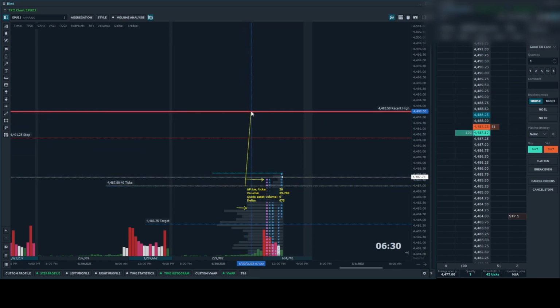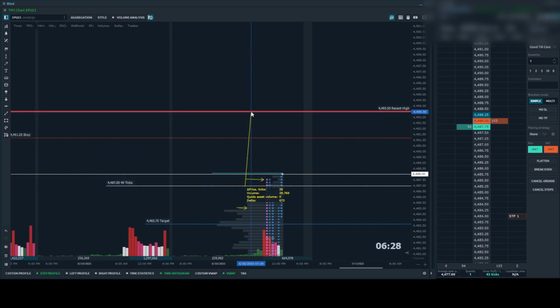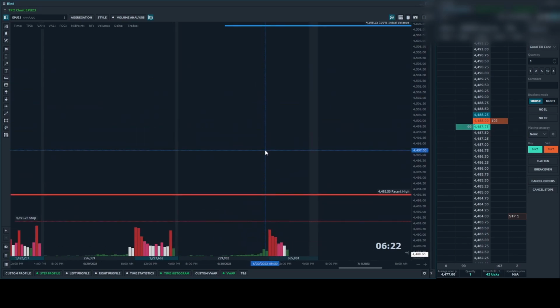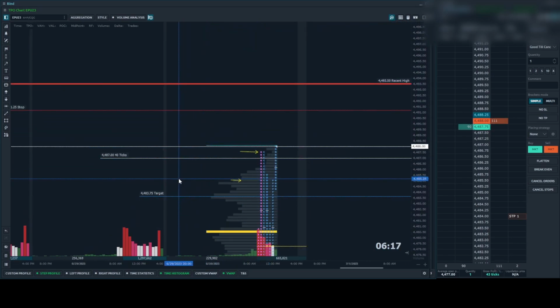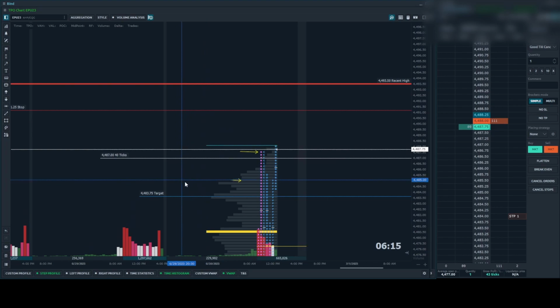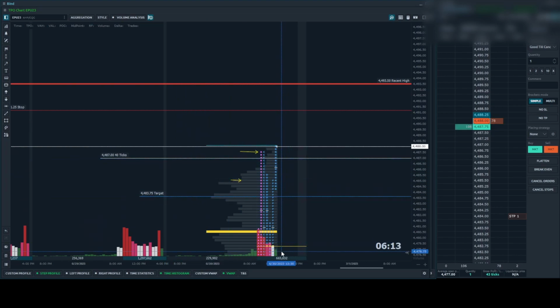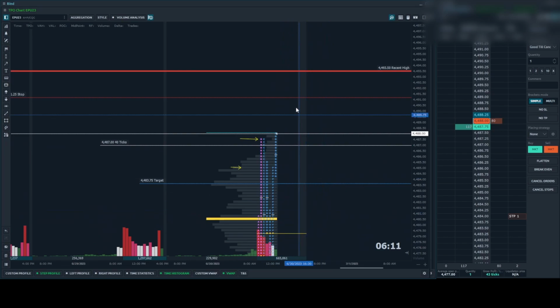So this would be another 27 ticks. It's another 6 3/4, about 6.5 points. So you kind of got to decide here, is this worth the risk? You know, risking my 40 ticks, trying to get another 26.